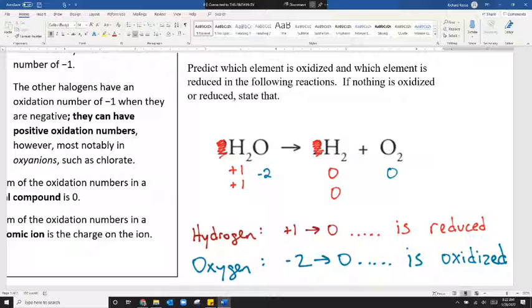And that's how you can use those oxidation numbers to track the flow of electrons. Hydrogen must have gained electrons. Also, we know it went more negative. It went from +1 to 0. It must have gained a negative electron to do that.